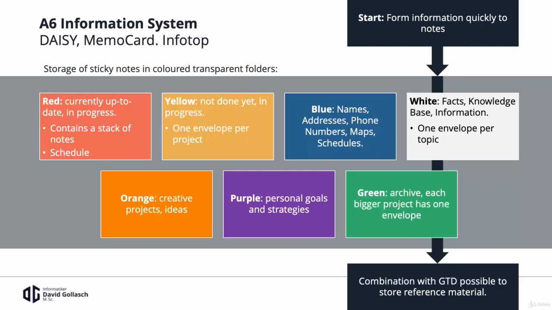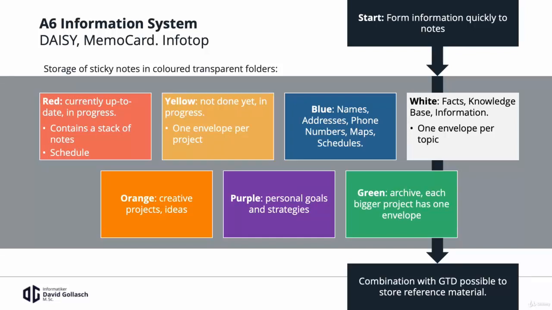So first of all, there is a red folder, a red transparent folder, where everything that's currently in progress or on your to-do list will be put in. So you take down everything that's coming in, every information, every task. You take this down onto a small card, a DIN A6 sized card, for example, and then you put it into this red folder.